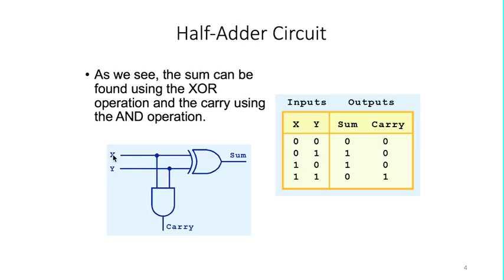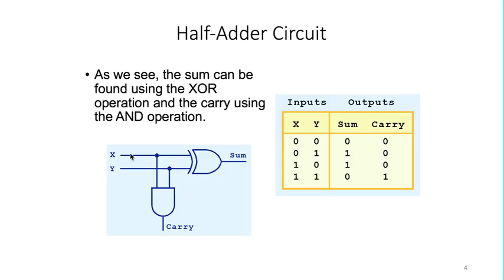Let's say x equals 0, y equals 0. With 0, 0 into the XOR gate, the output equals 0 because the inputs are the same. On the other hand, with 0, 0 into the AND gate, the output also equals 0. So we have the sum equals 0 and carry equals 0. That's the first row, correct.